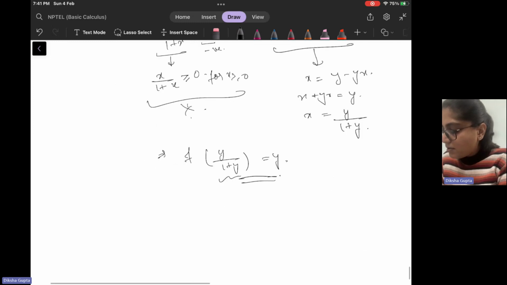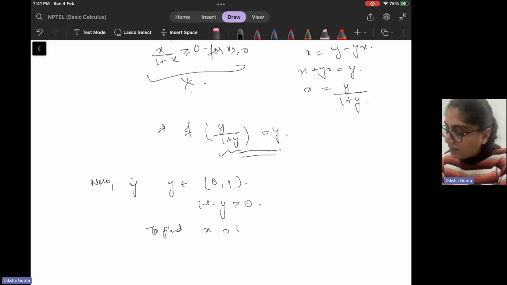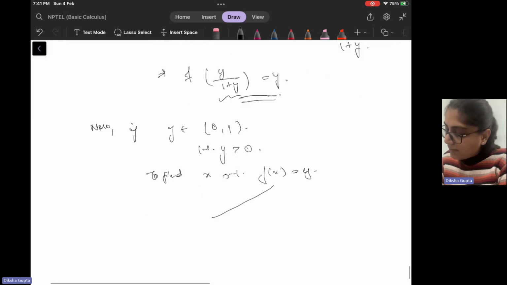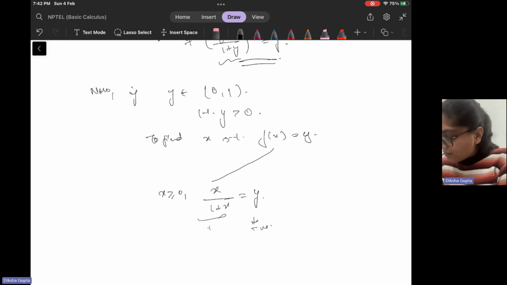This is the preimage. Now if y belongs to (0, 1), that is, y is positive, again find x such that f(x) equals y. Now f(x) for x greater than or equal to 0 is x/(1+x) equals y. If y is positive, this is the only case that can happen.